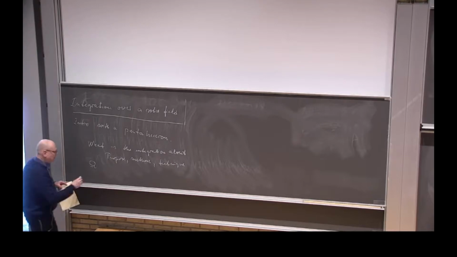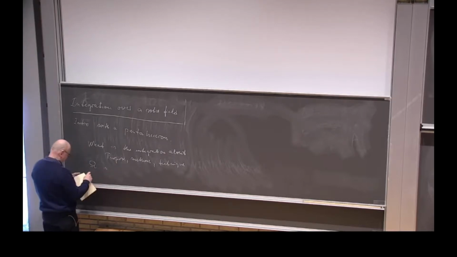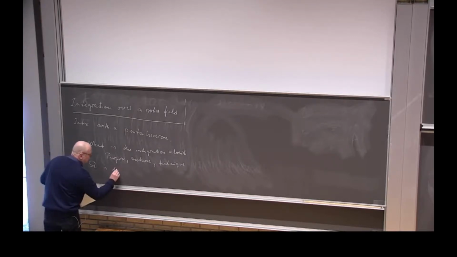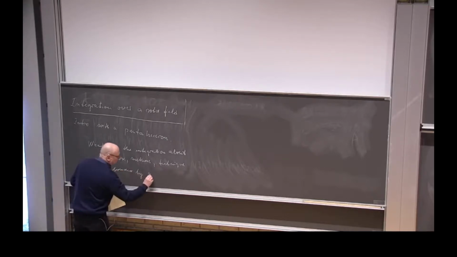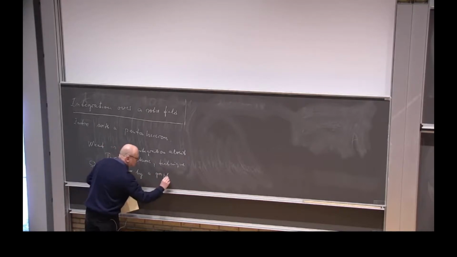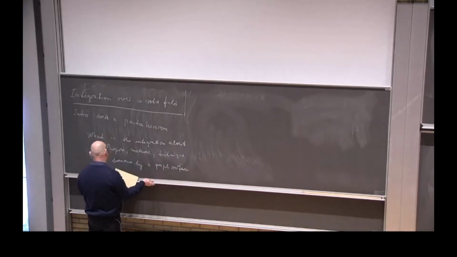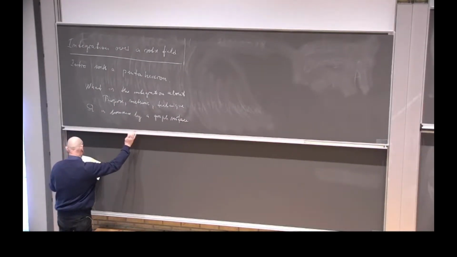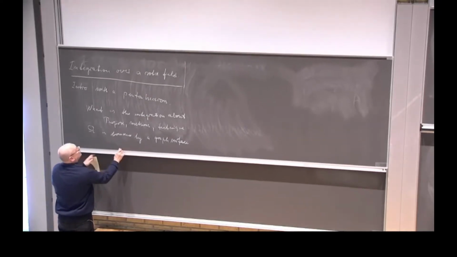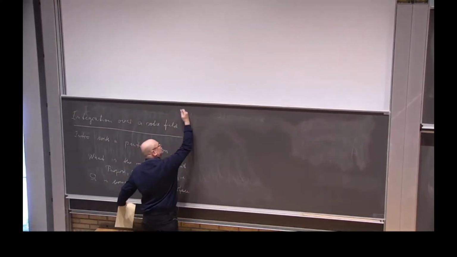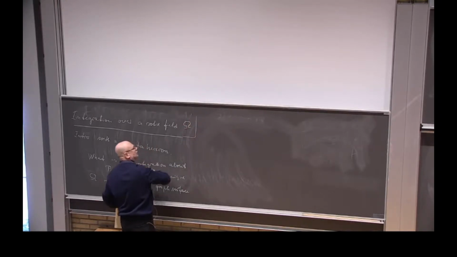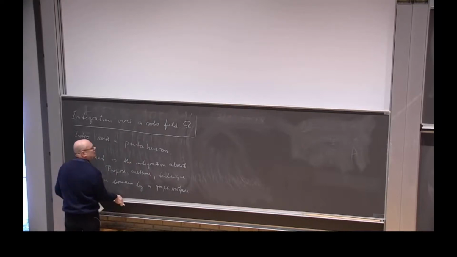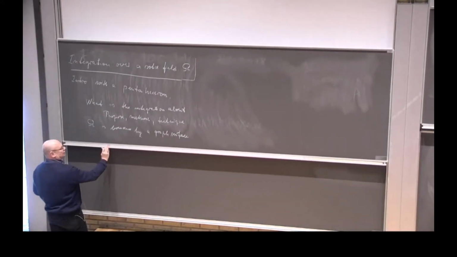So I'm going to talk about a solid bounded by a graph surface. I should say here that we use a capital omega to denote a solid field.